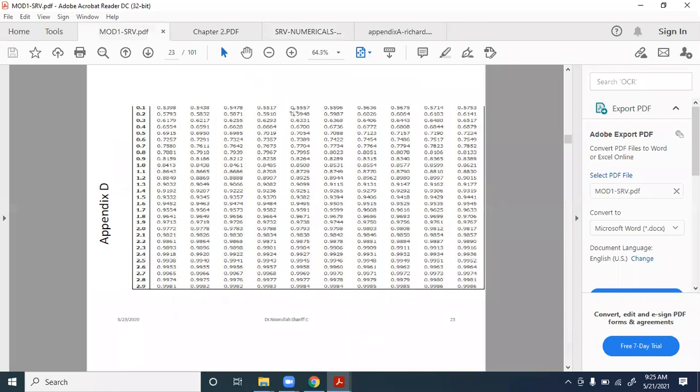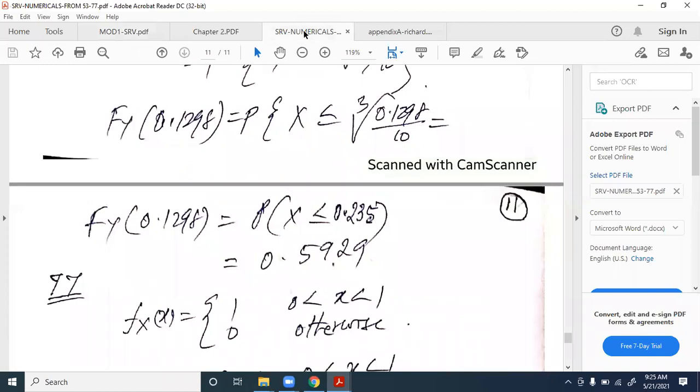You can take the average of these two also: this plus this divided by 2 will give us the value 0.5929. That's another way, rather than whatever interpolation formula we might have used. So exactly in the middle means we need not find the interpolation exactly. We can just take the average of these two, and that will be 0.5929.